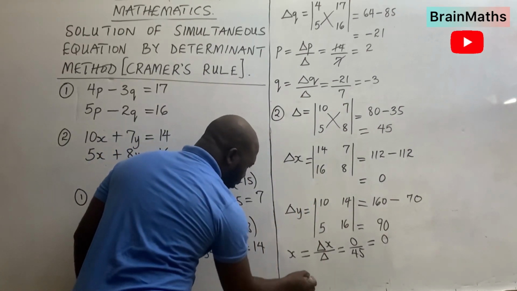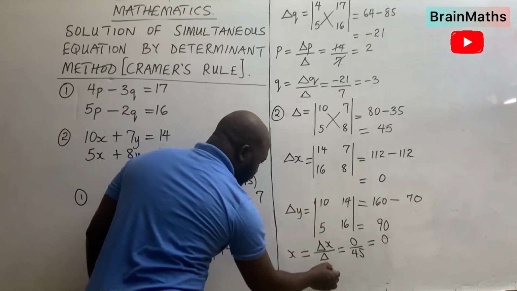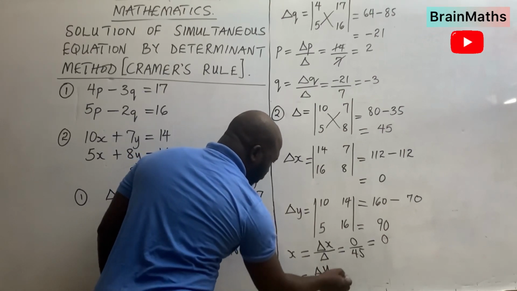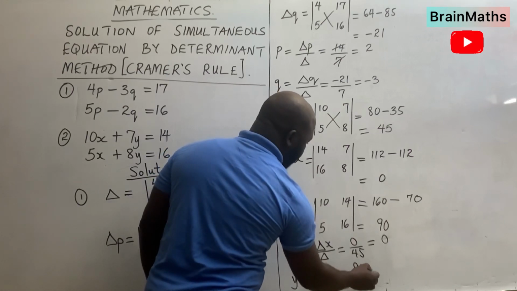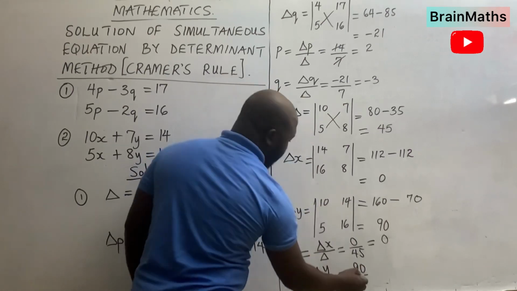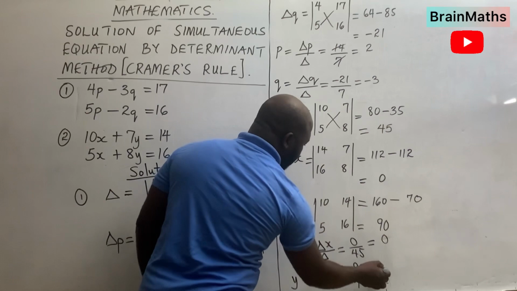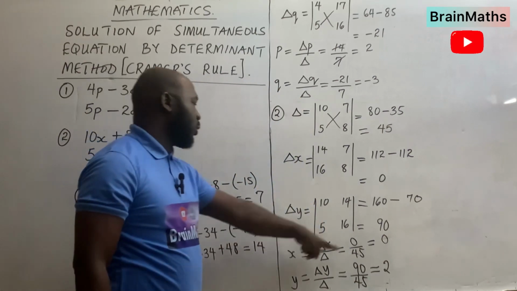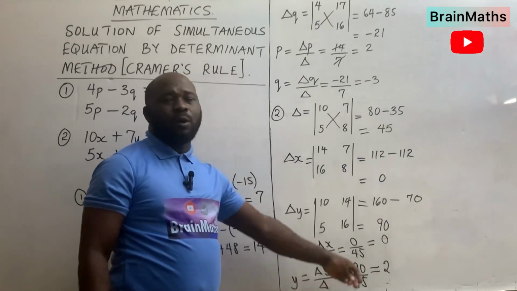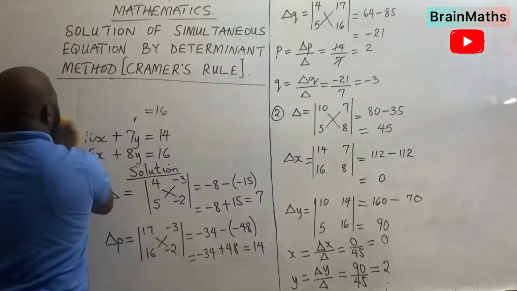And y is going to be change in y by general change, which is 90 over 45. So that is going to give us 2. So the value of our x is 0, while the value of our y is 2.